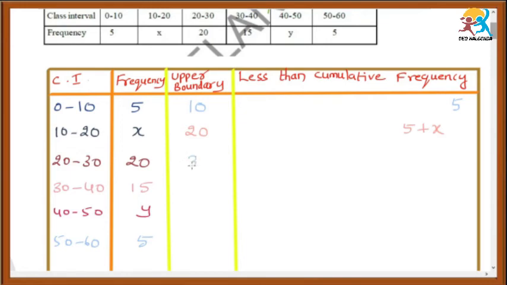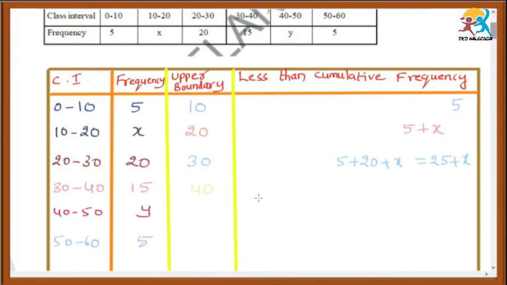The next upper boundary is 30. So the number of students who got below 30 marks is these 5 students, these x students and these 20 students. So we just add them, 5 plus 20 plus x, that is equal to 25 plus x, and the next upper boundary is 40.